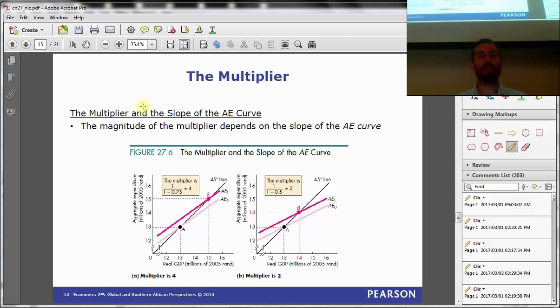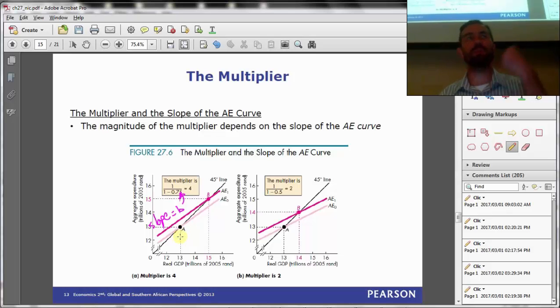We've seen already that the multiplier and the slope of the aggregate expenditure curve are intimately entwined. The slope of this aggregate expenditure curve, if we take it as the simplest case, would be B, then the multiplier is 1 over 1 minus B. So if the slope equals B, then our multiplier would be 1 over 1 minus B, if, of course, in this example, consumption is the only induced component.